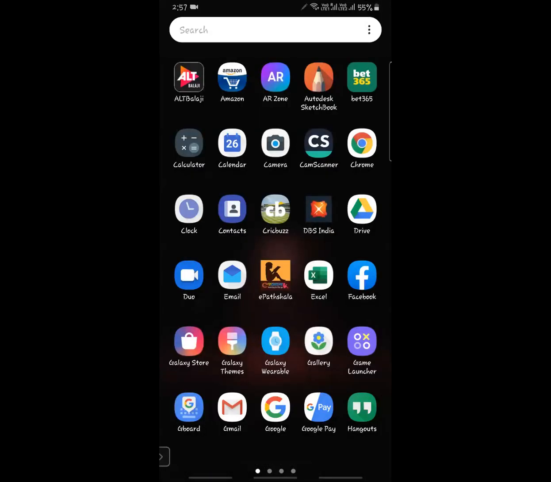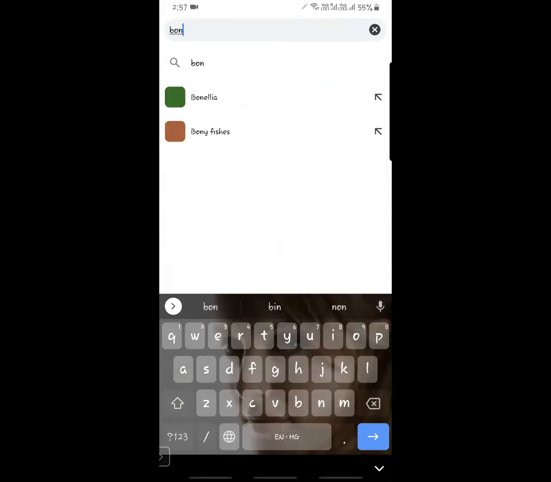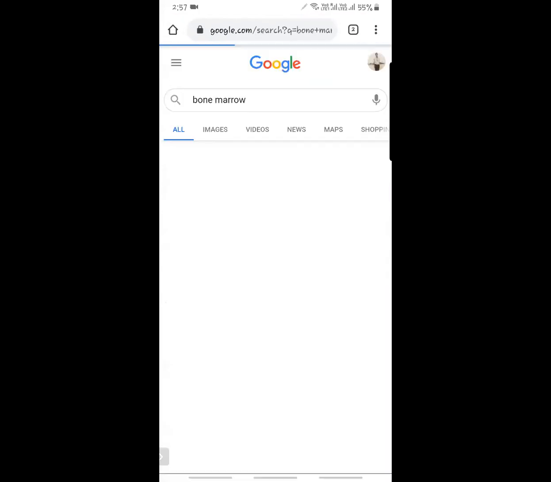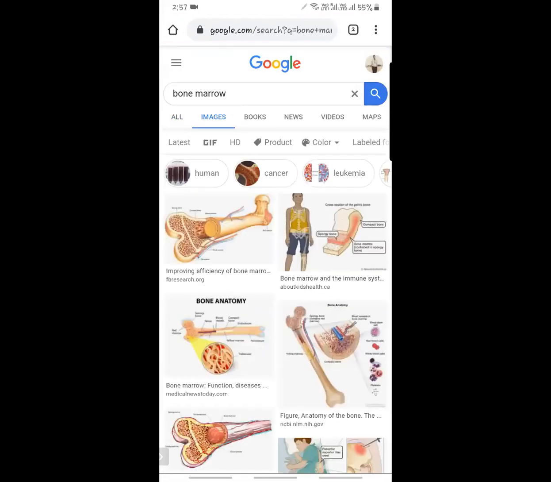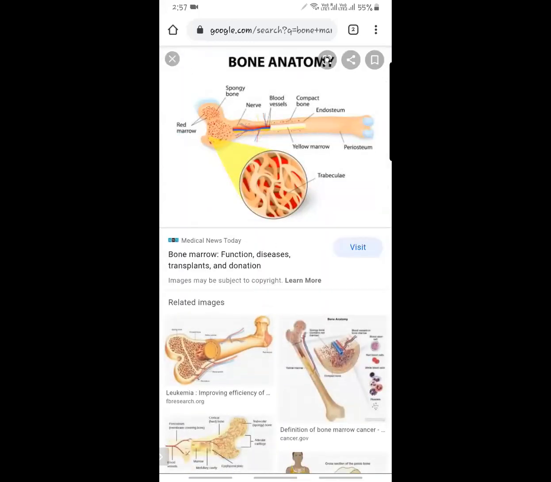Bone marrow, yes, I'll show you. In this picture, this is a bone marrow picture. Here there is a bone. You can see there is a mesh-like network present here.